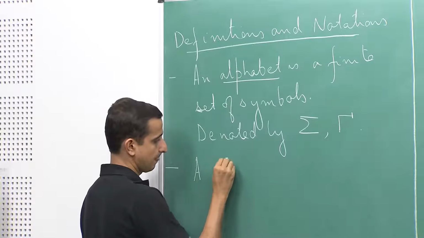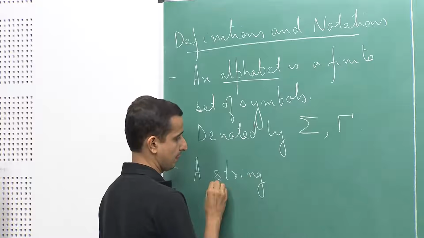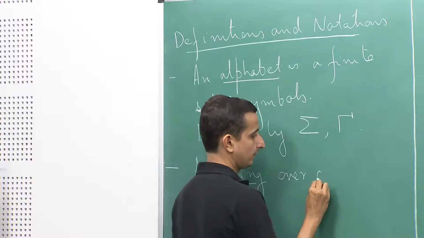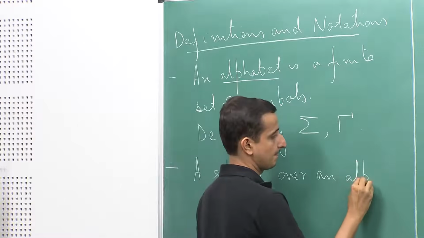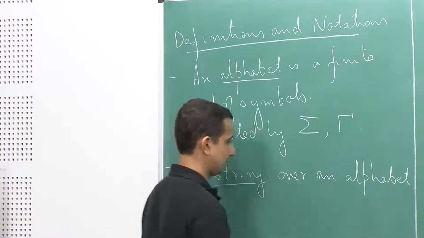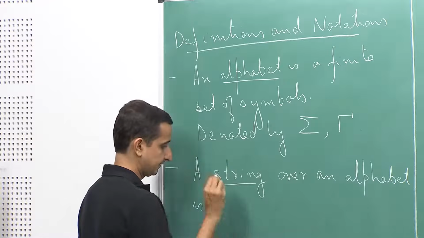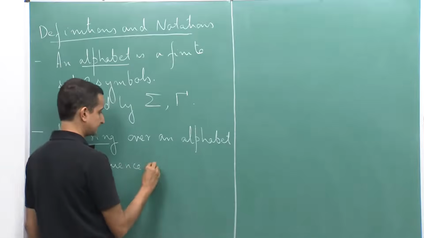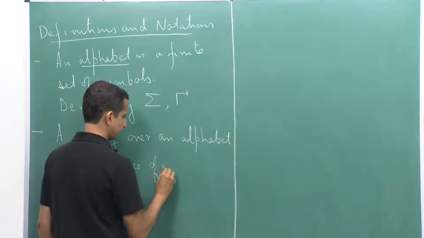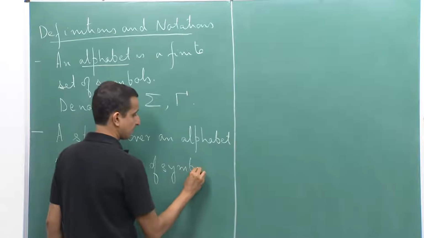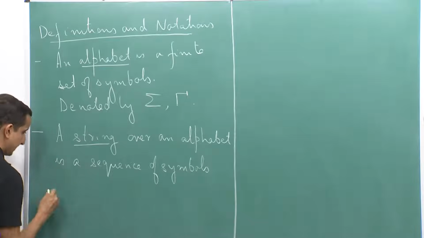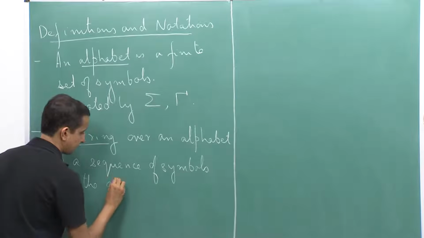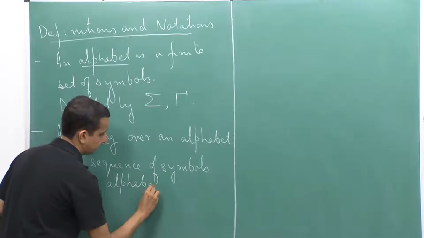A string over an alphabet is a sequence of symbols from the alphabet.